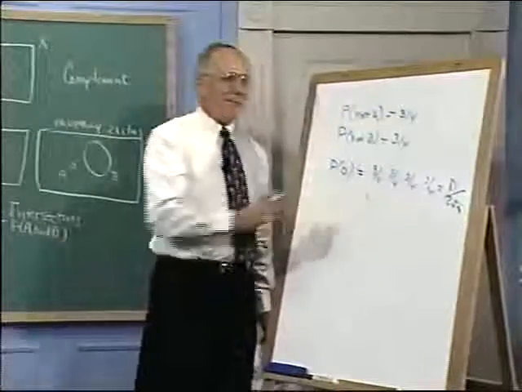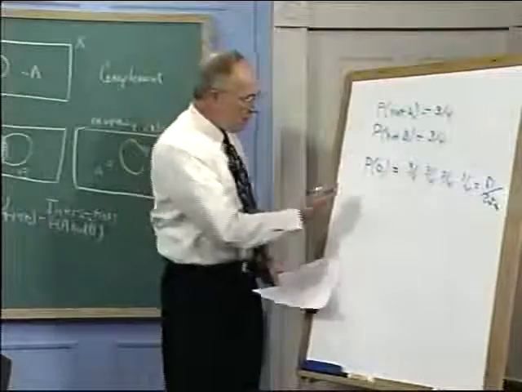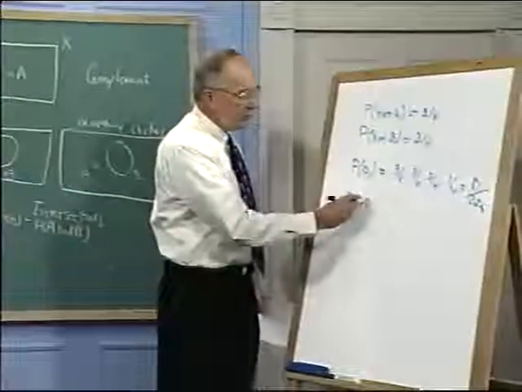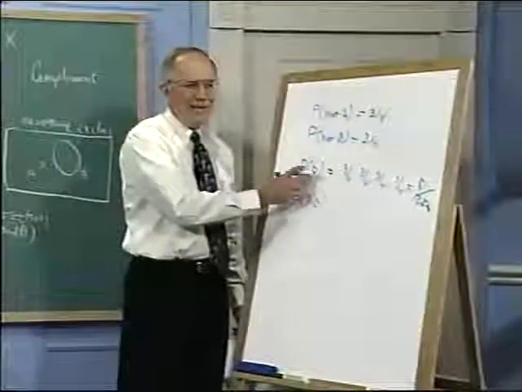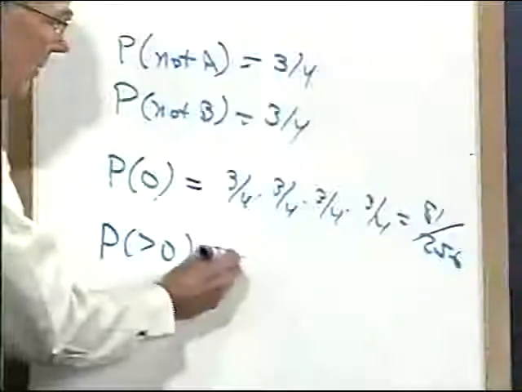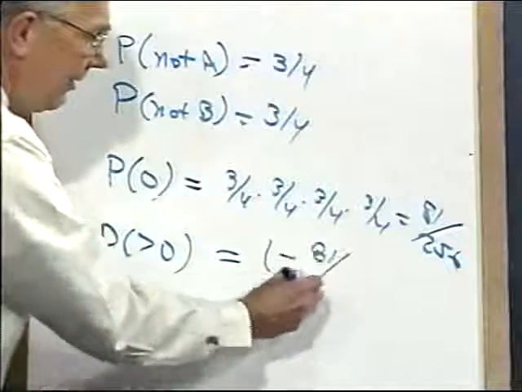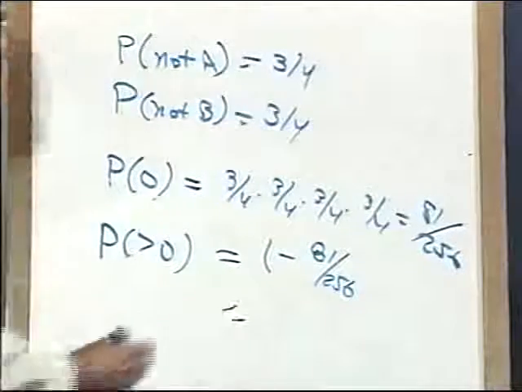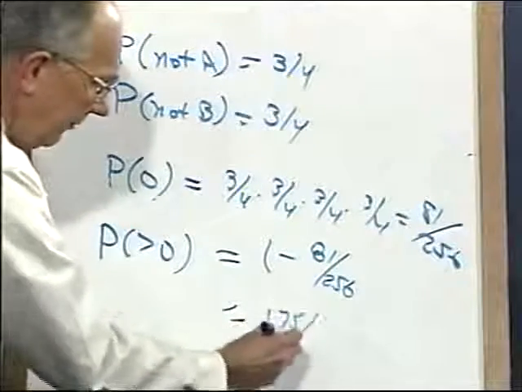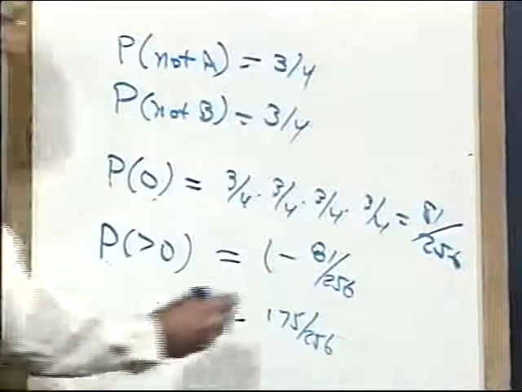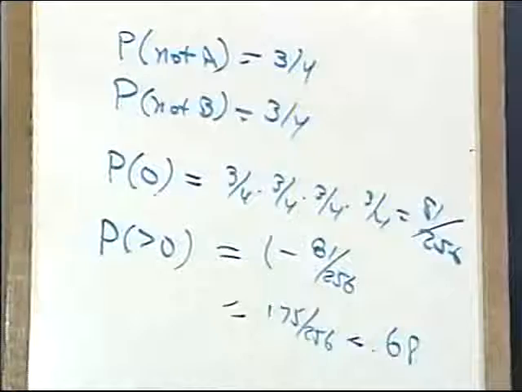Now, one of 2 things has to happen. Either I'm going to get no job offers, or I'm going to get at least one. So these are mutually exclusive. The probability of greater than 0 is mutually exclusive with respect to the probability of getting 0 job offers. So this will be equal to 1 minus 81/256. And if you do the math, it comes out to be about 175/256, and that turns out to be about 68%.